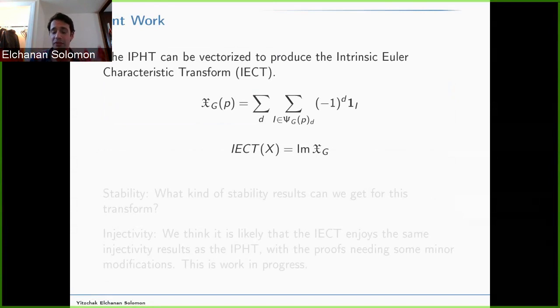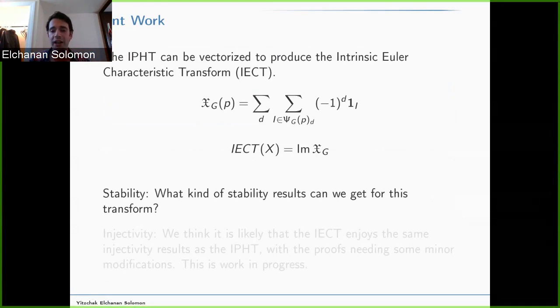So this is a way of vectorizing it. Of taking the IPHT and producing a function using the indicator functions of the intervals in the barcode.